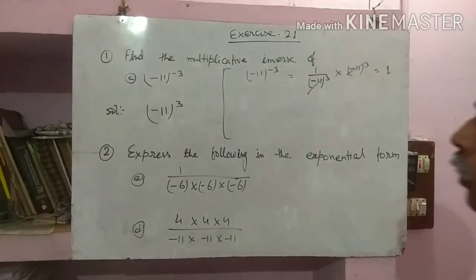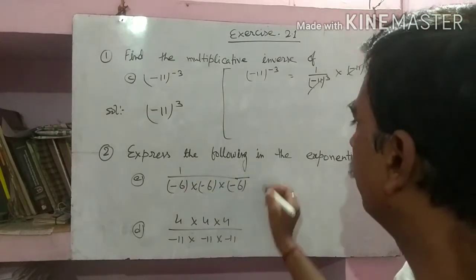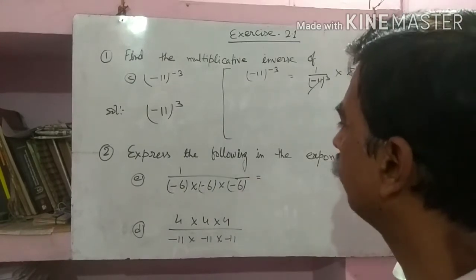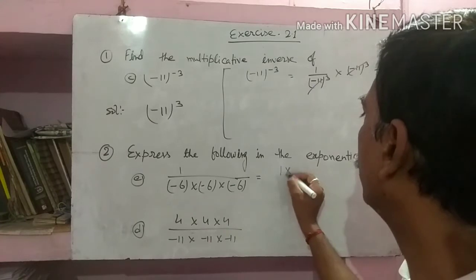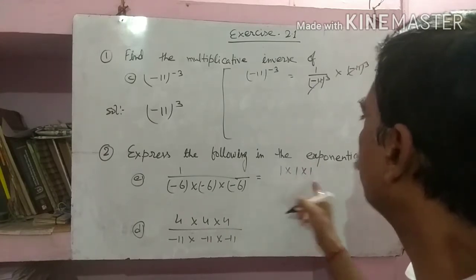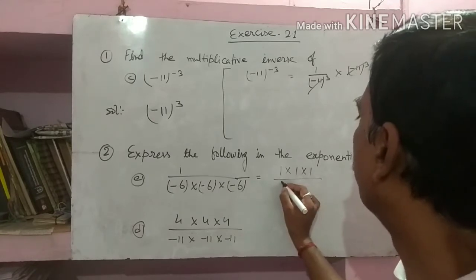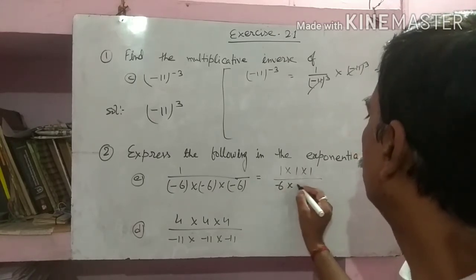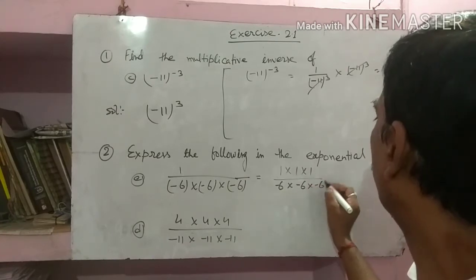Okay, express the following in exponential form, means we have to write this one in the form of exponential or in the form of power. Suppose 1 is given, so we can write 1 into 1 into 1, the result will be 1. Similarly, this is −6 into −6 into −6.